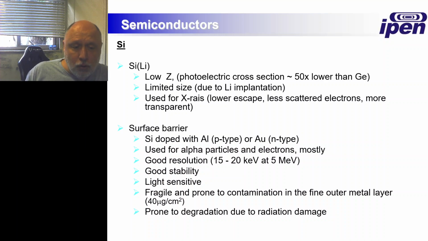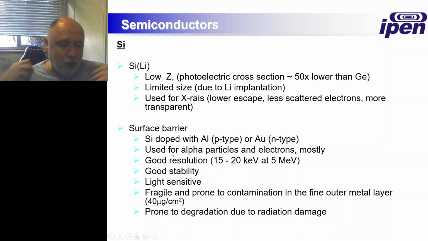And because they are very small and we use them especially with alpha particles that cause a lot of damage, these detectors usually have a short or shortish life. A germanium detector, we have some working here that have been here for over 30 years and are still working as well as they were. For these ones, it won't happen because the alpha particles will cause too much damage and they start to lose their ability to detect radiation.